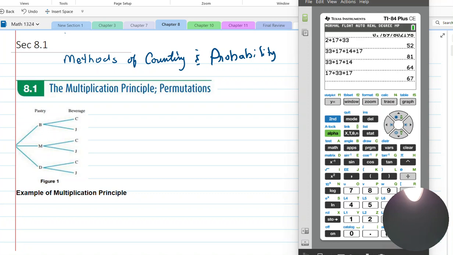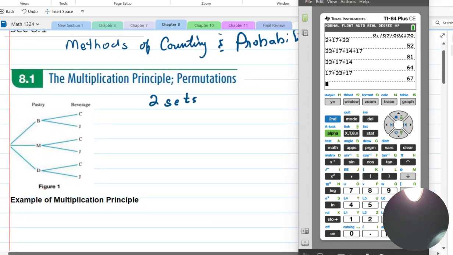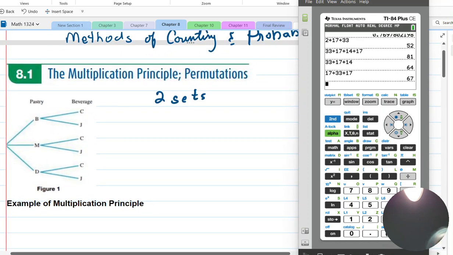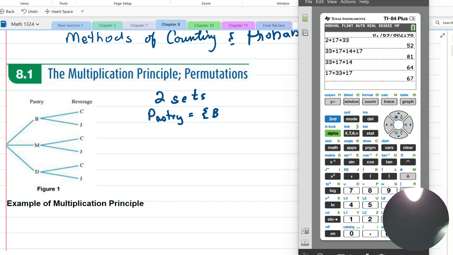So here we have a diagram, and we have two sets. We notice that we have the pastry. Make sure you can see it. That is comprised of B, M, and D. And then on the next one is beverages.